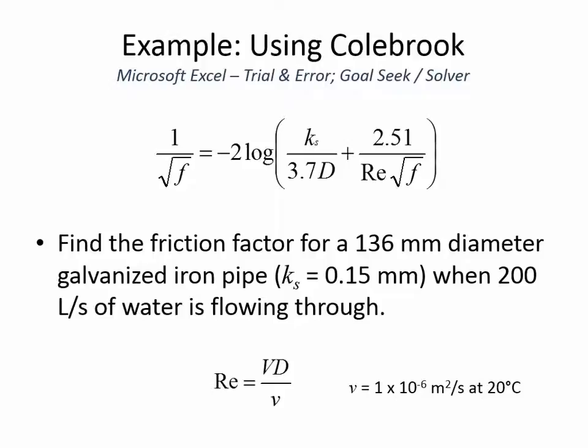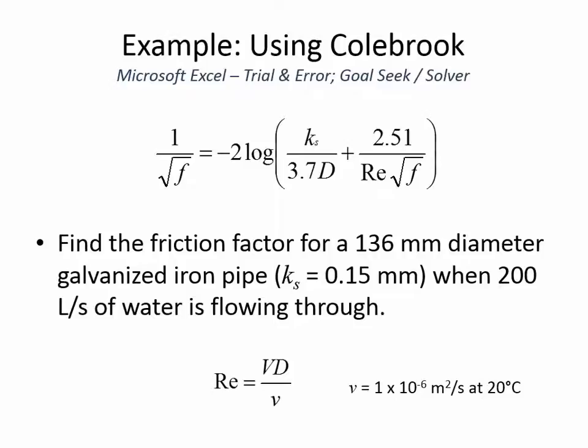That's the right-hand side of the equation. And by the way, there's a similar version of the Colebrook equation that has it in terms of natural log, ln. So don't be thrown off if you see in a reference somewhere that they've got the Colebrook equation written in terms of natural log rather than base 10 log. It doesn't matter. You'll get the same result.